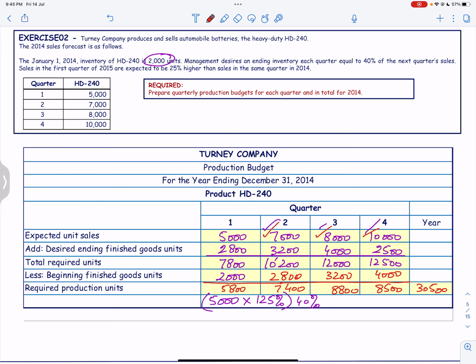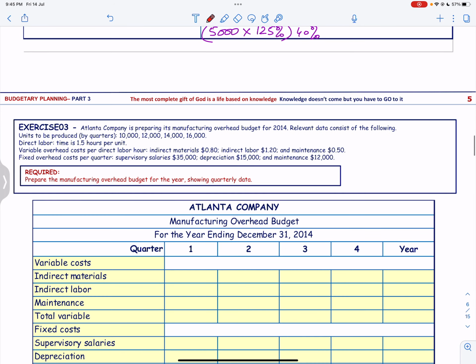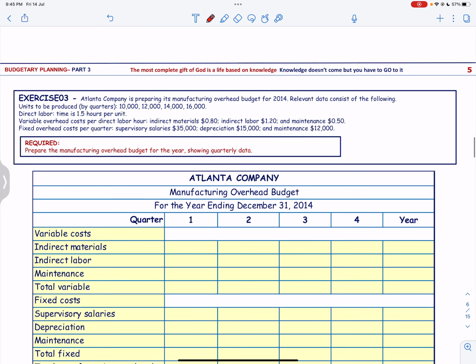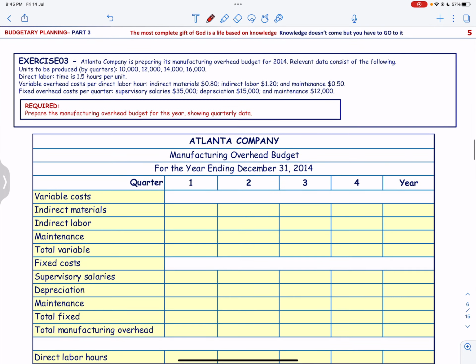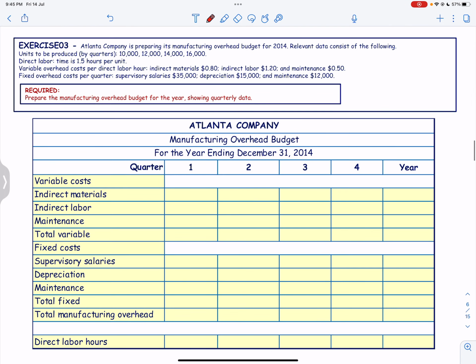Next, we solve another exercise, and here Atlanta is preparing its manufacturing overhead budget for 2014. Relevant data consists of the following. We have the units to be produced: 10, 12, 14 and 16. We have direct labor time of 1.5 hours per unit.